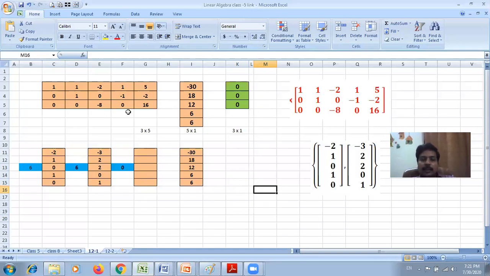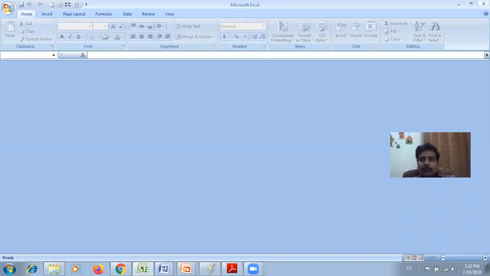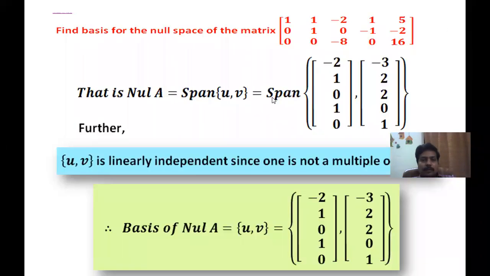This is a 3 by 5 matrix and this is 5 by 1, so resultantly we are getting 3 by 1. So this is the example. Let us go back to our PPT.